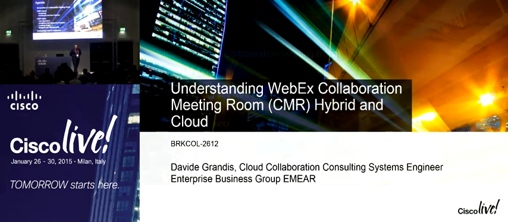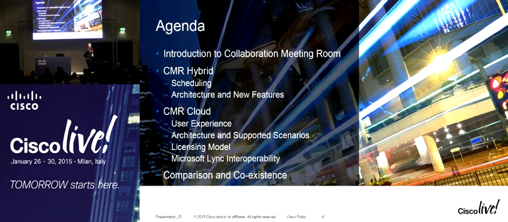Here is the agenda. We are starting by introducing Collaboration Meeting Room. Then the next portion is divided in 2 parts. We are covering both hybrid and cloud, the 2 flavors of CMR. With cloud specifically, we'll also touch a little bit on the commercial model and the Lync interop story. We're covering that as well.